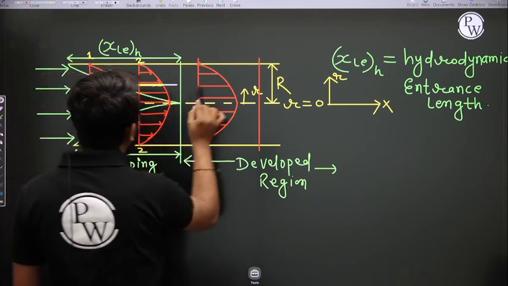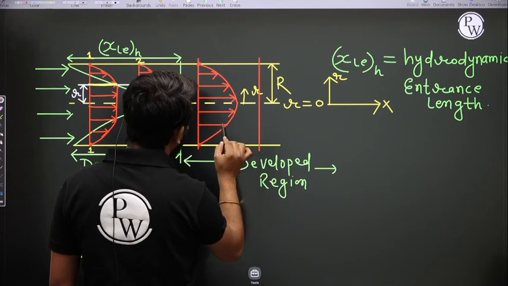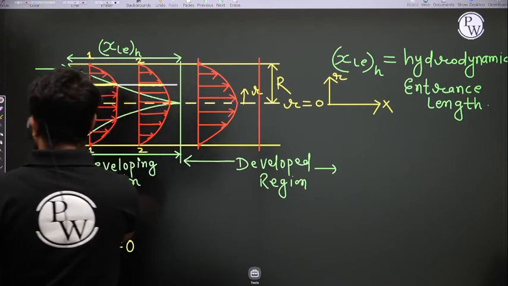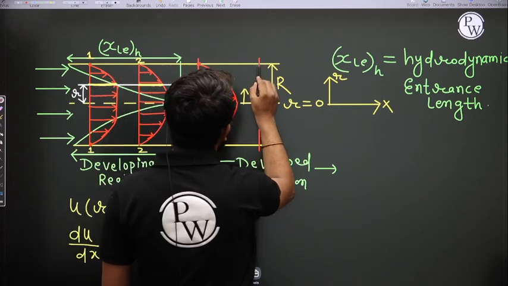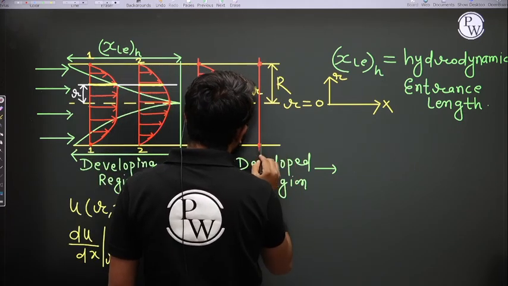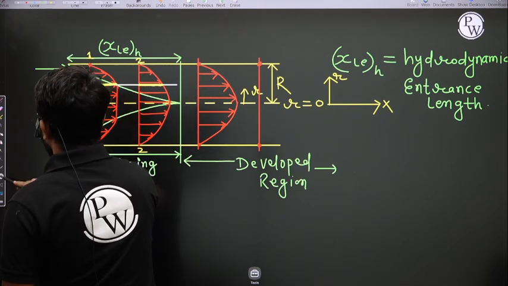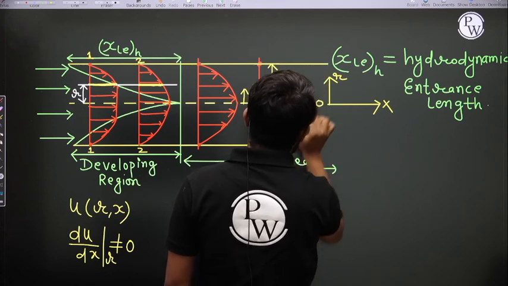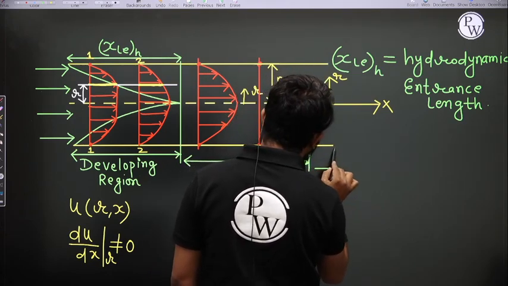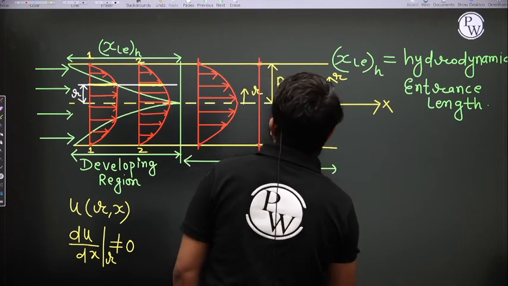Just one minute, I extend this pipe up to here. See here, if you see the velocity profile at this section, again here the velocity is 0.